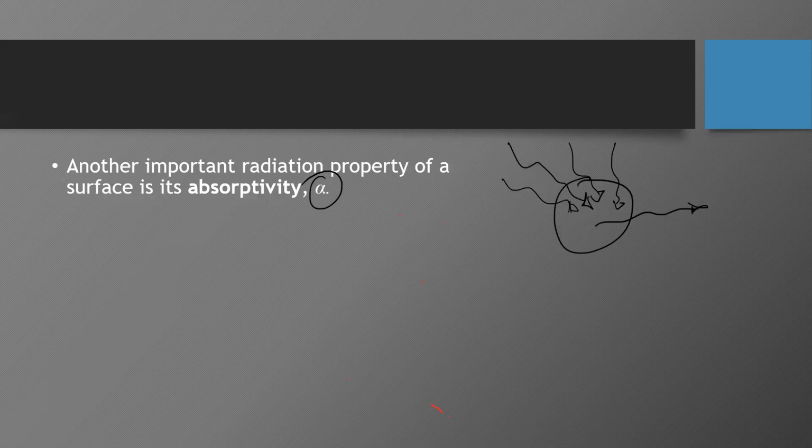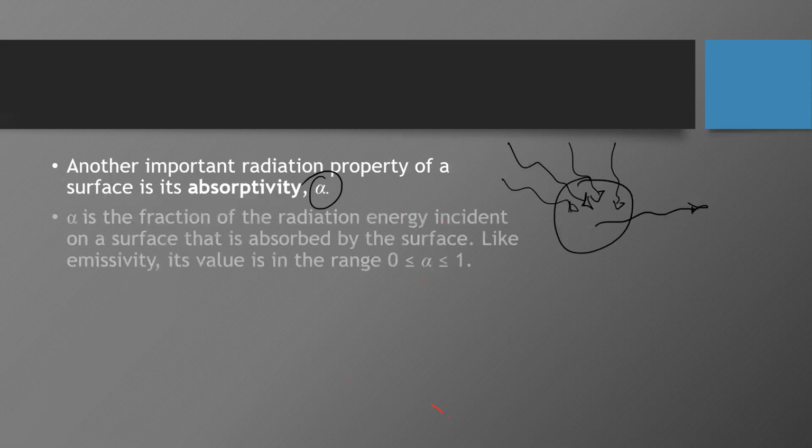So when you are absorbing, absorptivity alpha is there for each and every object, because of the surface properties. This absorptivity and emissivity depend on the surface properties. Alpha is the fraction of the radiation energy incident on the surface that is absorbed by the surface, right? Like emissivity, its value ranges from 0 to 1.